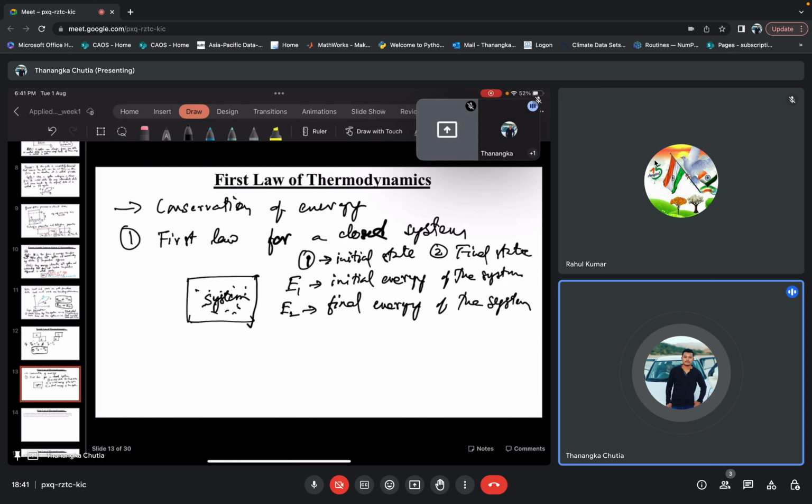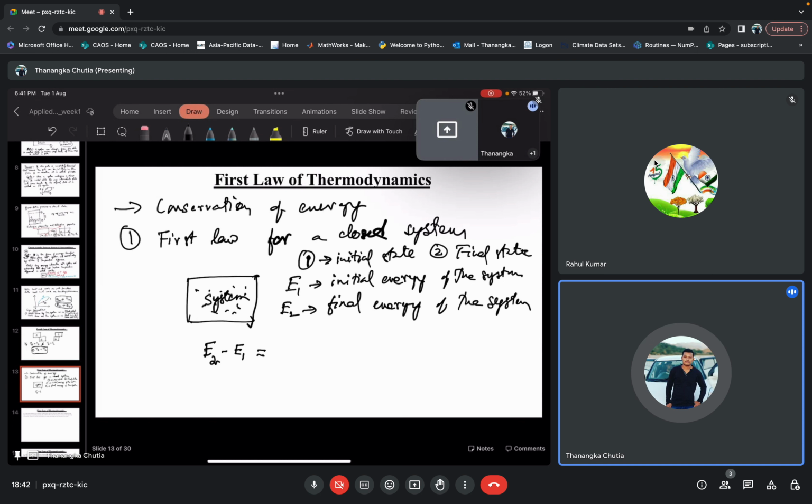Now if there is an increase in energy in going from state 1 to state 2, then my increase in energy is E2 minus E1.